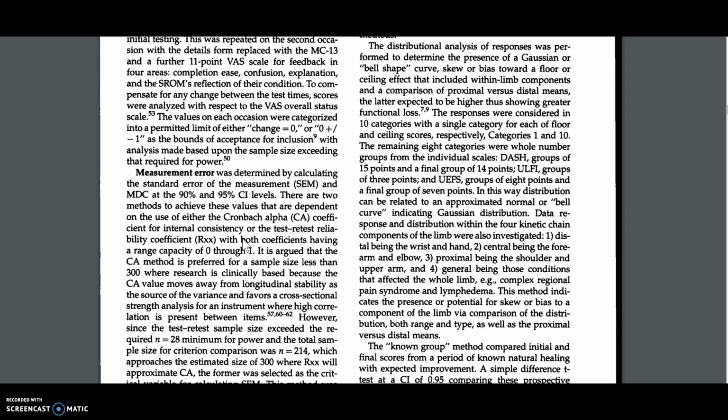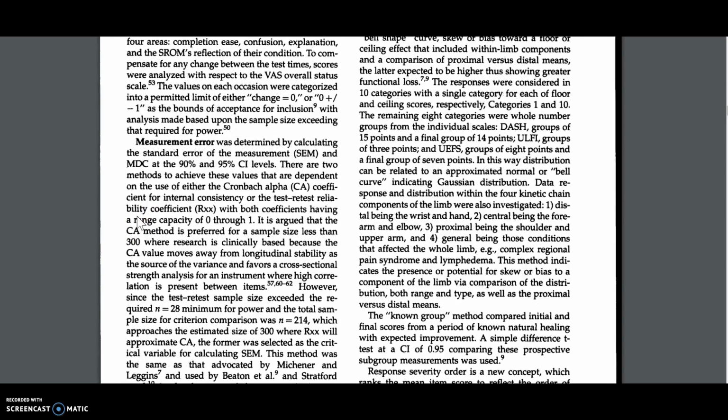So we need to know how much error is allowed before it's not reliable. Now, to test for error, they use the standard error of measurement, and they also calculated the minimal detectable change. And to do so, they used another statistic called the CA coefficient, and they also used the test-retest reliability coefficient. Okay? Woo! All of that just to figure out if there is reliability. But that's what they did.